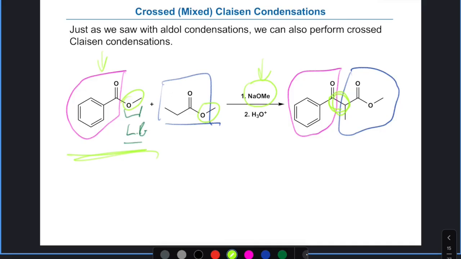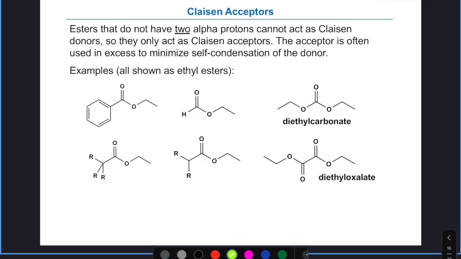So the other obligate acceptors look like this. These are all Claisen acceptors that are only acceptors. They're all going to have an ester fragment baked into them, some kind of ester fragment in the middle. These carbonates are weirder, but they all have some ester.